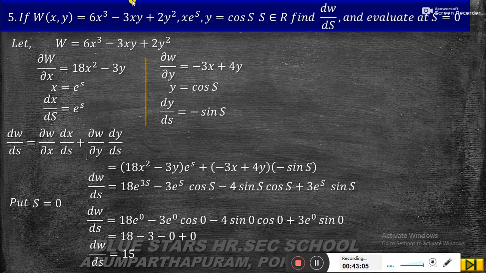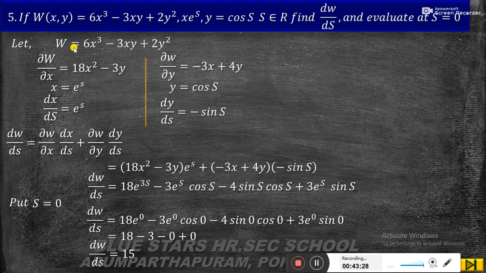So here x equal to e power s, y equal to cos s, and we calculate dw by ds at the point s equal to 0. The given function is w equal to 6x cube minus 3xy plus 2y square, and the equations are x equal to e power s, y equal to cos s.